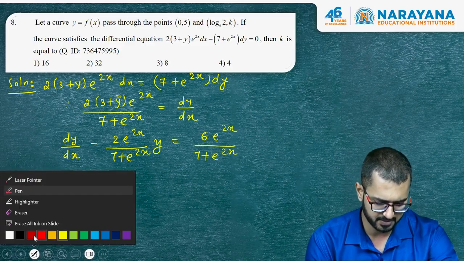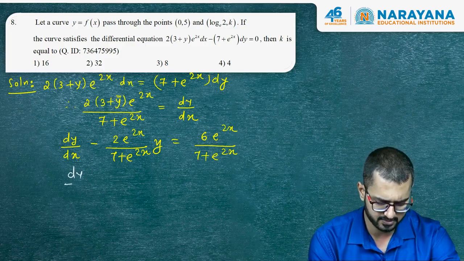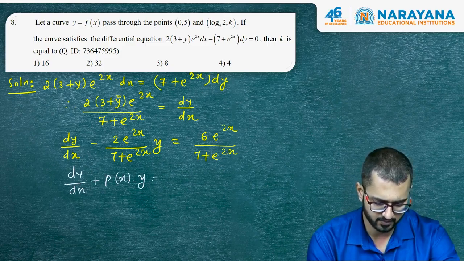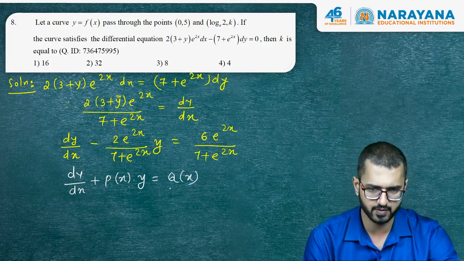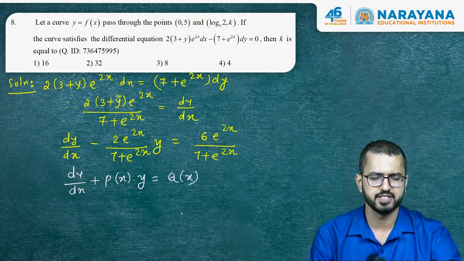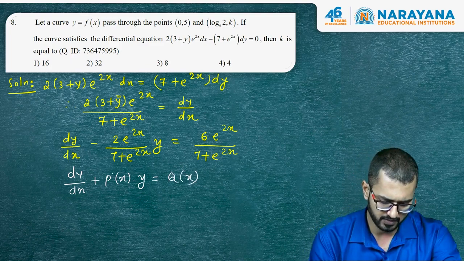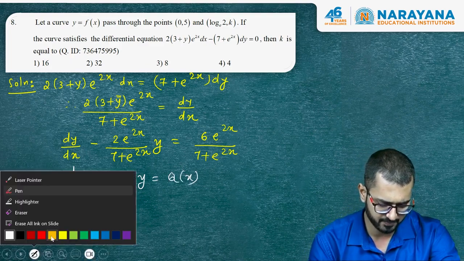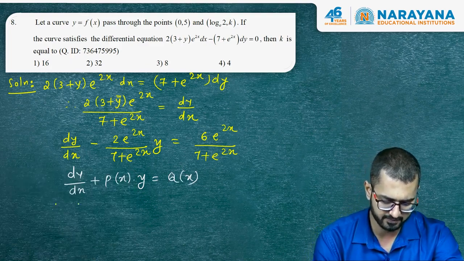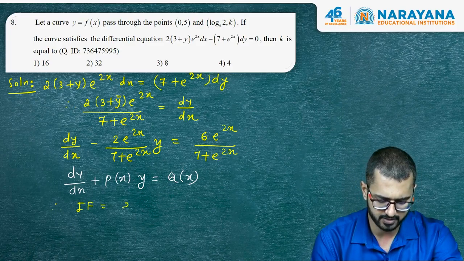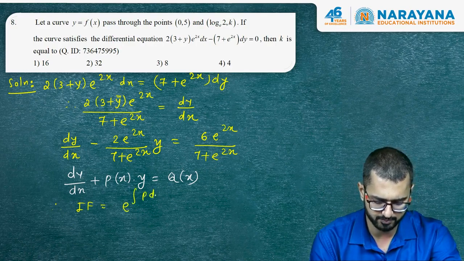This is of the type of a linear differential equation, that is dy over dx plus p of x into y is equal to q of x. Now we will find the integrating factor, which will be e to the power integration of p dx.